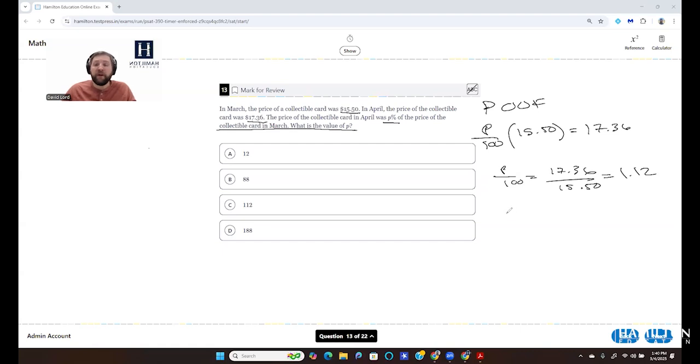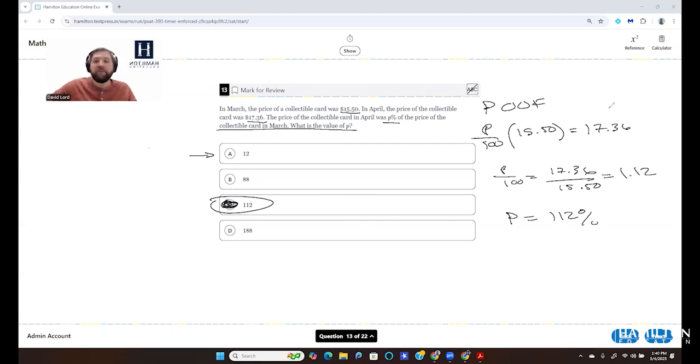All right, multiply both sides by 100, and P is equal to 112%. Now, if the question was asking what percent increase did it go up by, then it would be A. But because we're asking what percent of it, it is C as the answer. So keep your eye on that.